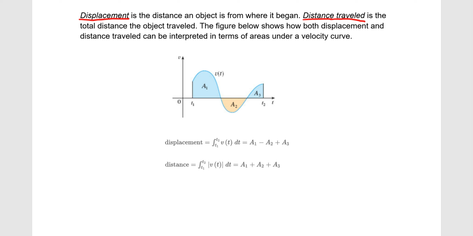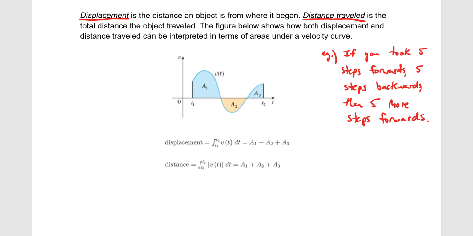So let's think about, before we look at this graph, let's think about an example. Let's say that you are walking in a straight line and you are starting just at like an origin. If you take five steps forward and then 5 steps backwards and then 5 more steps forwards, let's think about the difference in displacement and distance traveled.